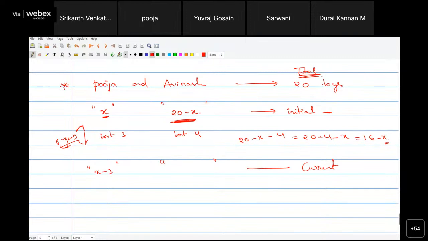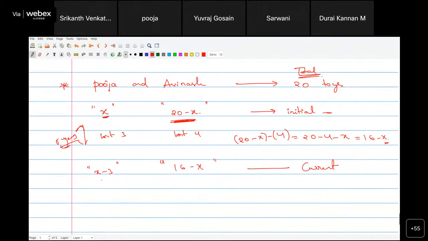If you are getting confused, just take brackets: the total number of toys Avinash has initially minus the number of toys he lost, so (20 minus X) minus 4. From there you get 16 minus X.